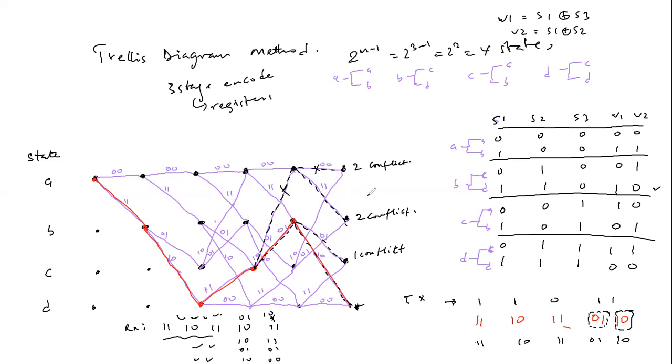So technically, you see that all of the conflicts are not equally likely, such that the decoder now has to choose the most likely path, because it has information about what was transmitted.